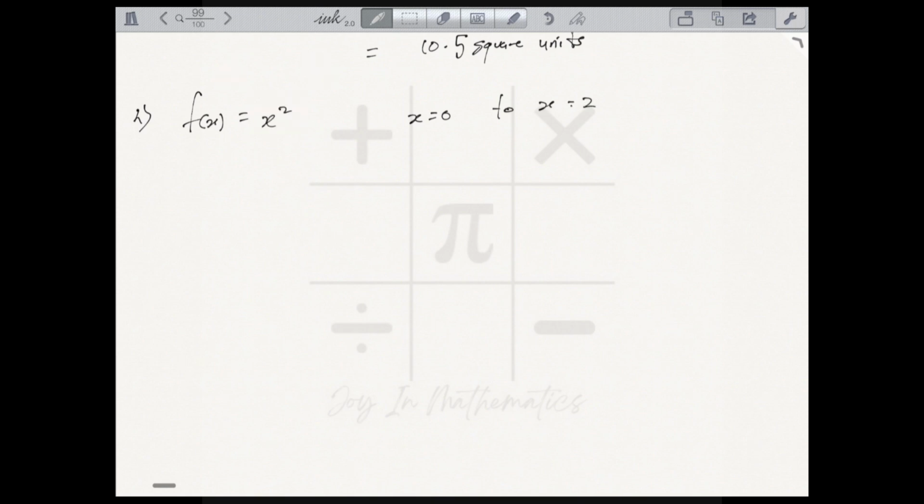If we take a look at the graph of x squared, we'll have something like this. We are asked to evaluate from x equals 0 to, let's say, x equals 2. So we are looking at this area.